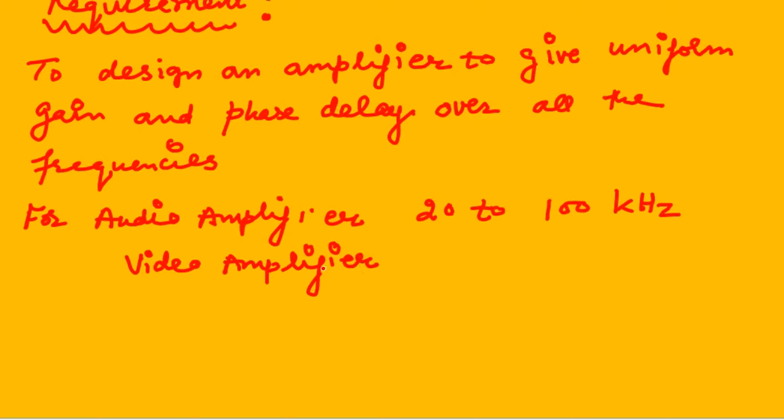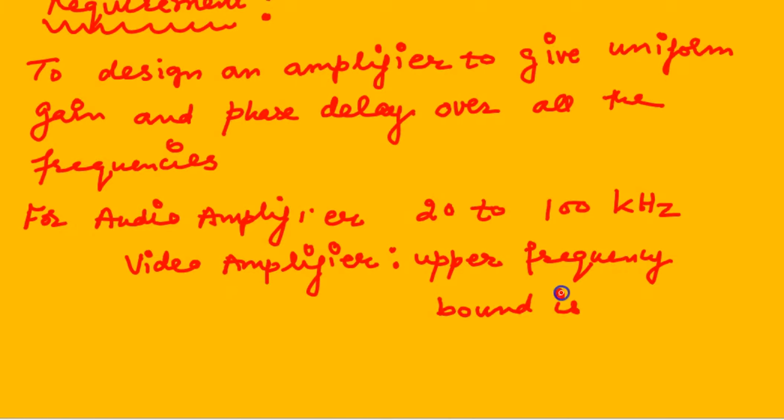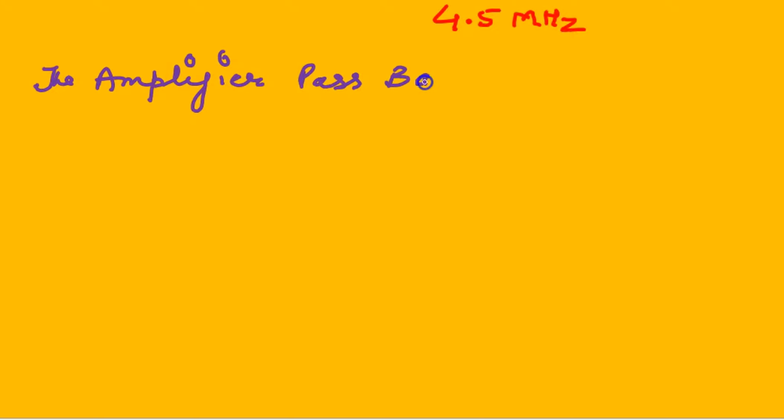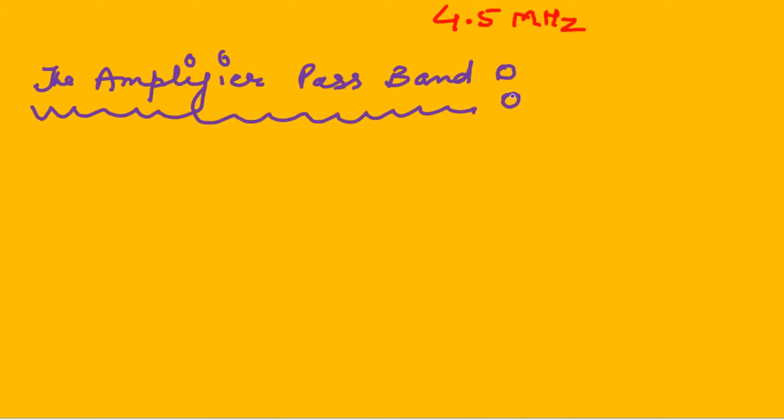For the video amplifier, the frequency goes up to 4.5 megahertz. Now our heading is the amplifier pass band.